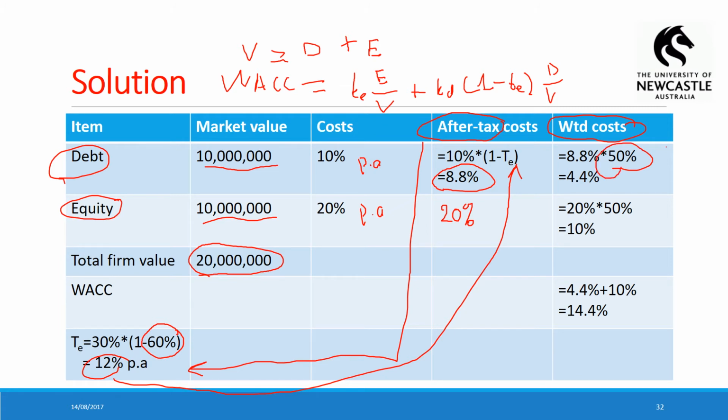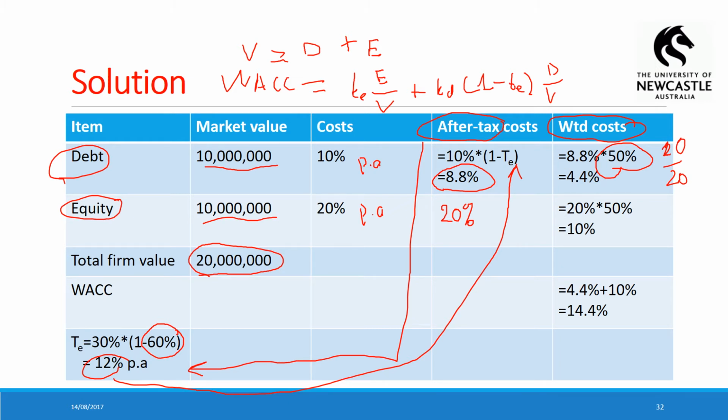So this weight is given by 10 million divided by 20 million, right? So the total of firm value is 20 million. The value of debt is 10 million, and therefore the weight for debt is 50%. We do the same exercise for equity, and this is what we work out.